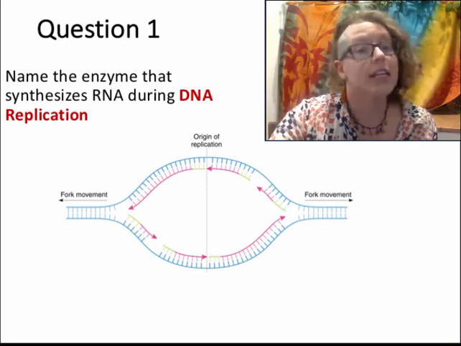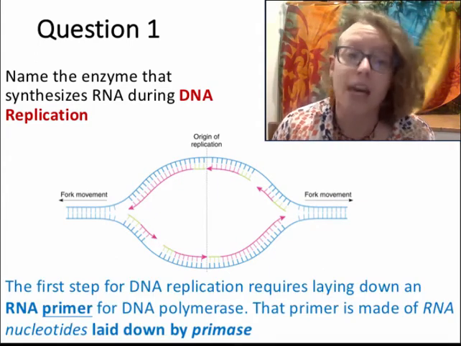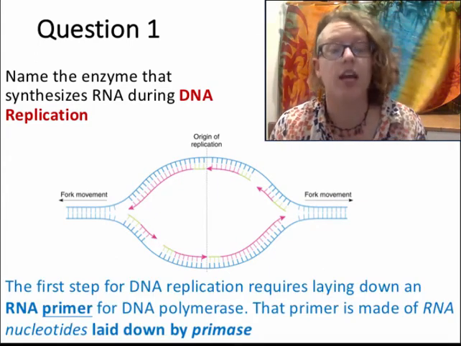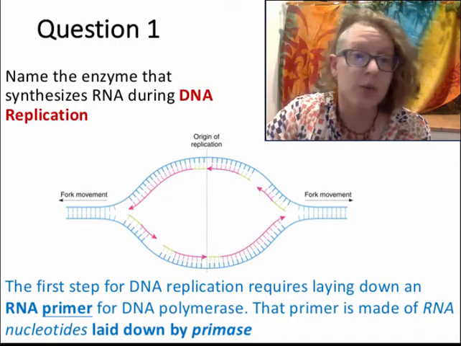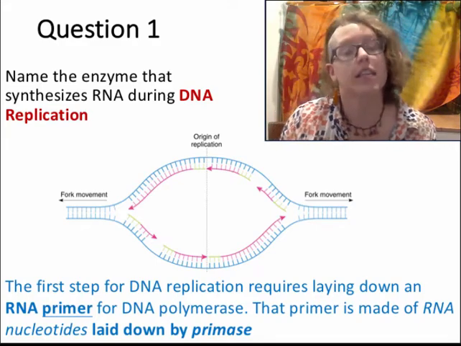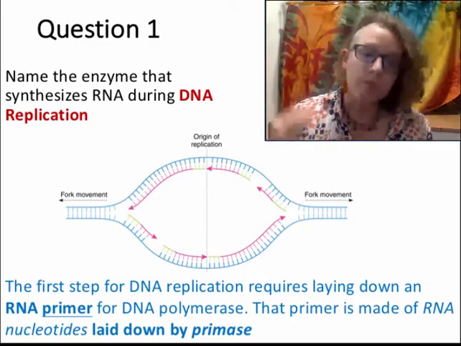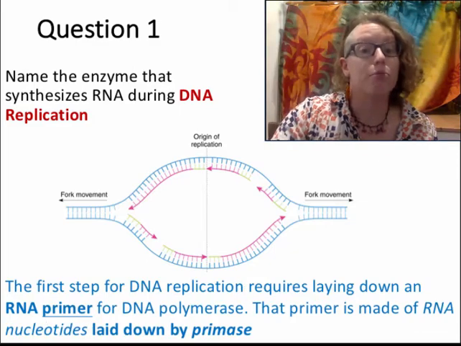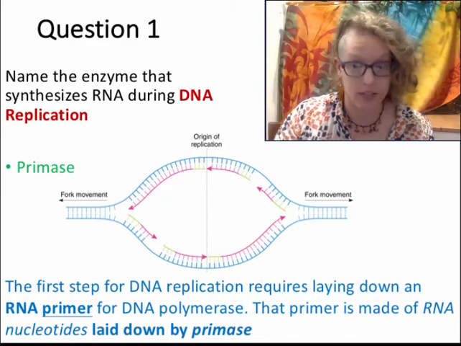When we're looking at DNA replication, remember that the first step requires an RNA primer for DNA polymerase. So this question is really, where does RNA play a role in the context of DNA replication? And that's in the primer situation. The primers are laid down by primase right here. Primase. So that's the correct answer to this question.